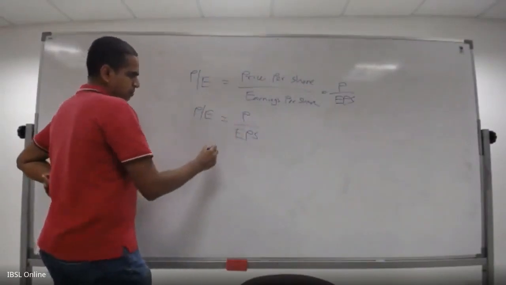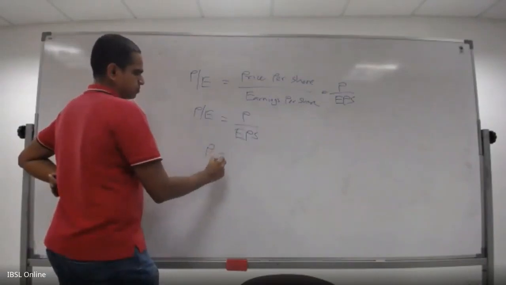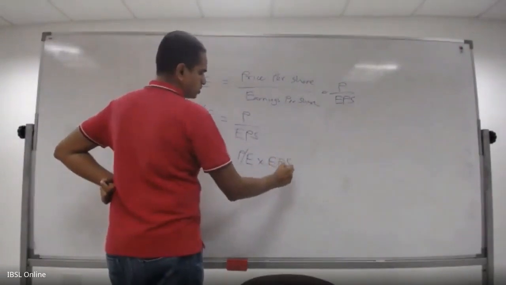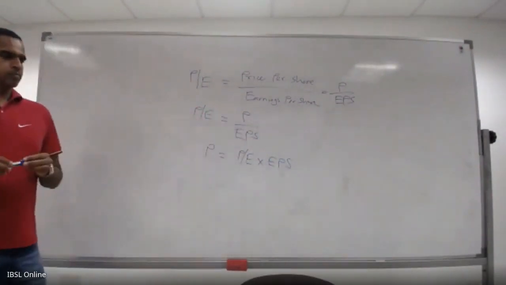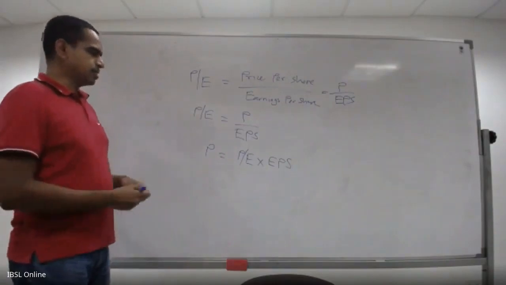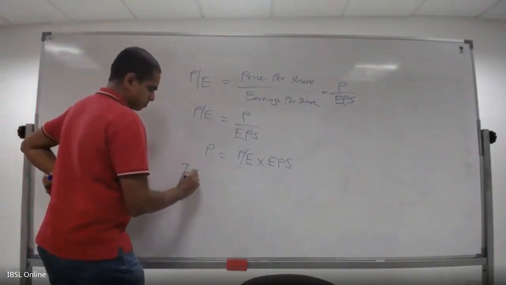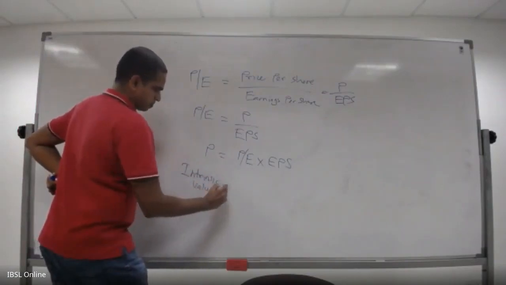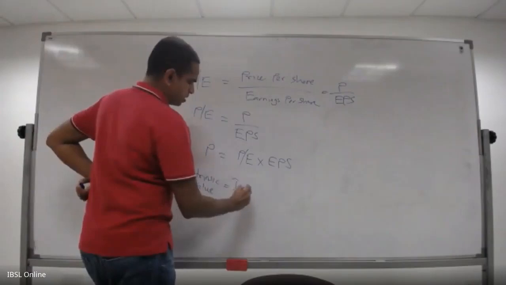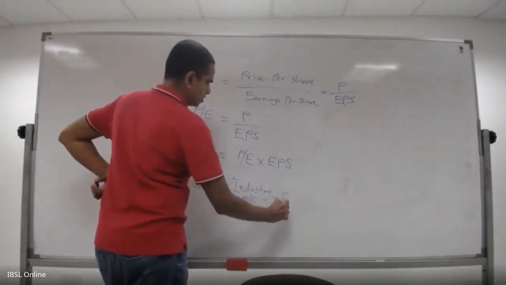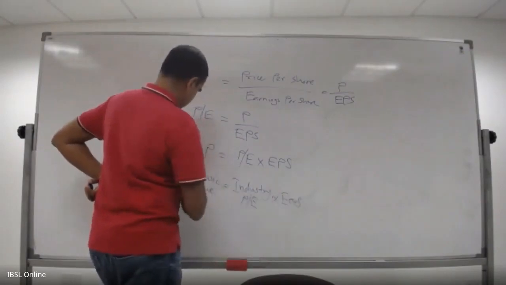So the price, in other words, is equal to the PE ratio times earnings per share. So that is what is given here. It says the intrinsic value is equal to industry PE times earnings per share. So this is what you need to know.